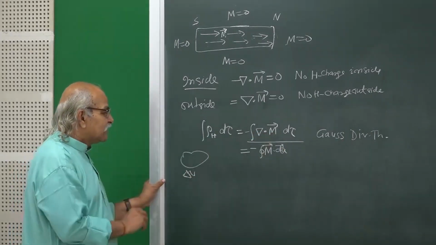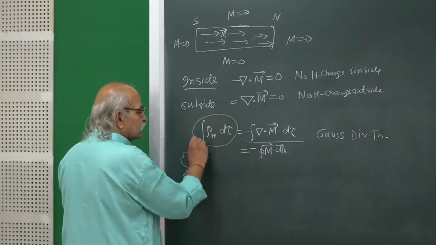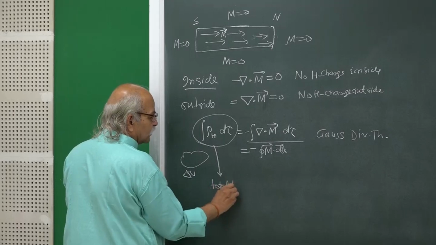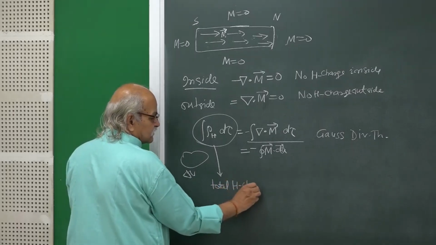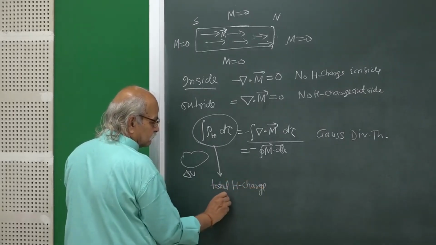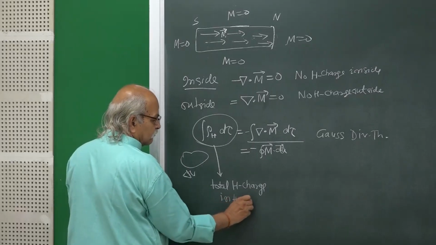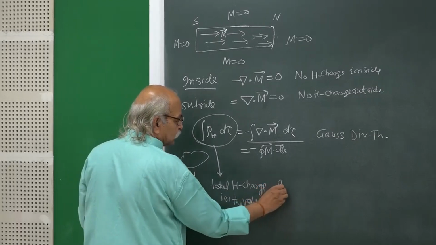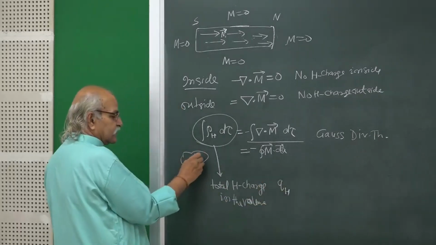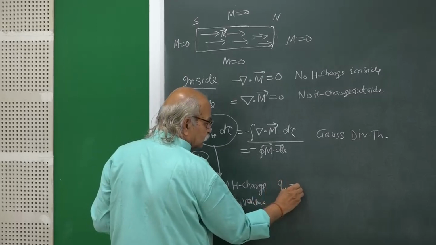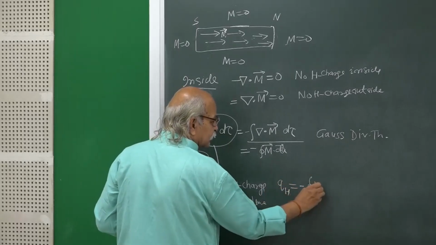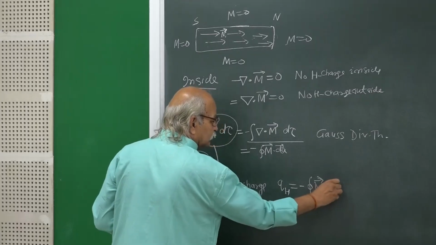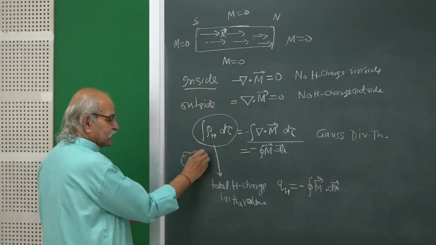Now, this thing is the total H charge in the volume. So, you get Q_H, the total charge inside this volume, equal to minus integral M dot dA on this surface.